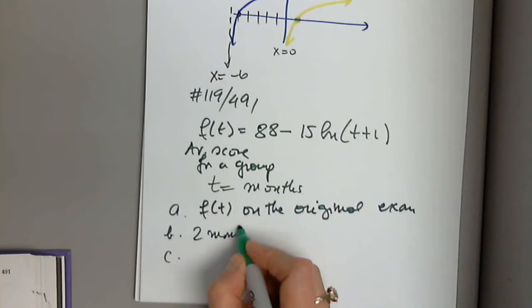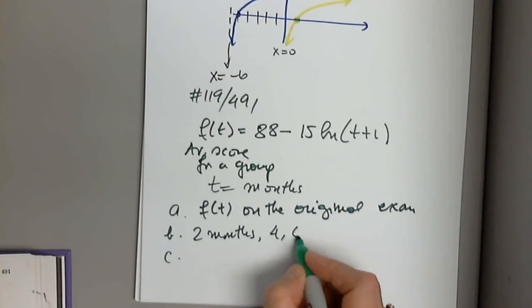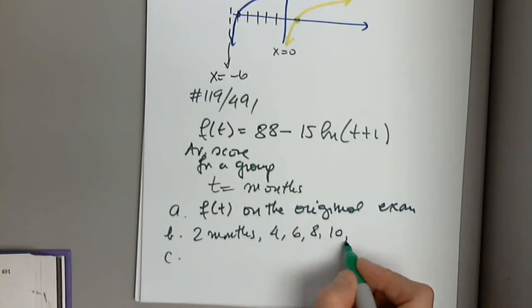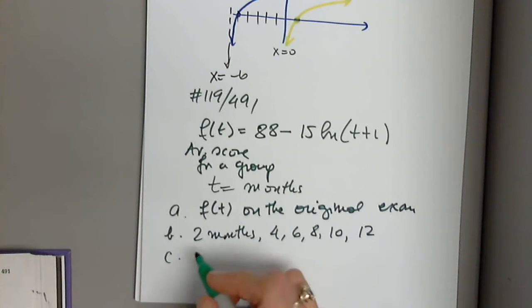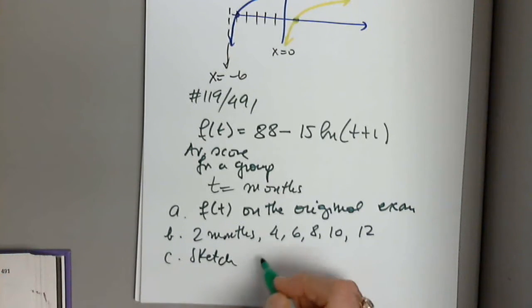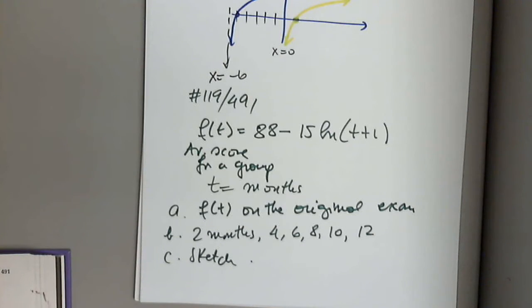Then 2 months, and then 4, and then 6, and then 8, then 10, and then 12 months. And then sketch the graph. It says sketch the graph either by hand or with the graphing utility. I was going to say TI 84. Okay, ready?